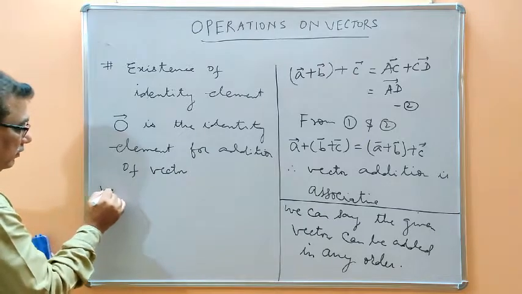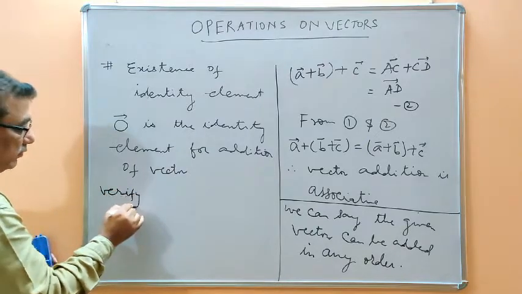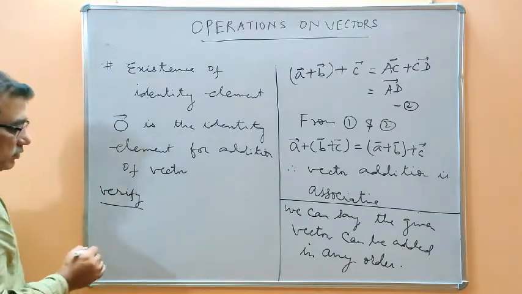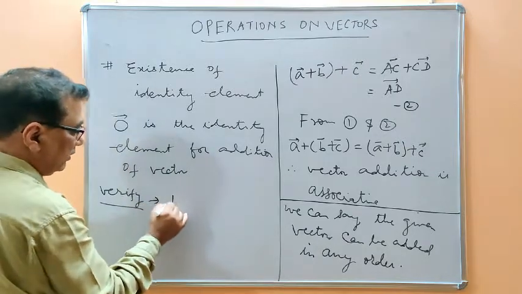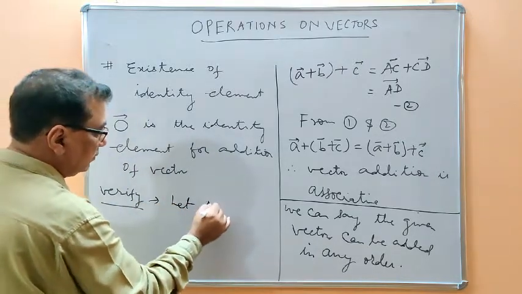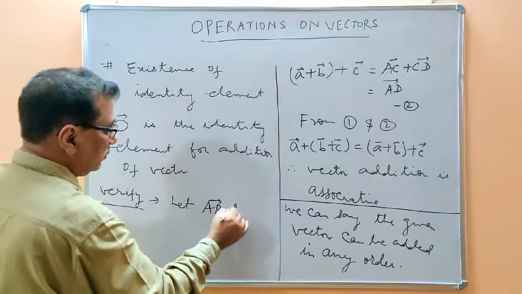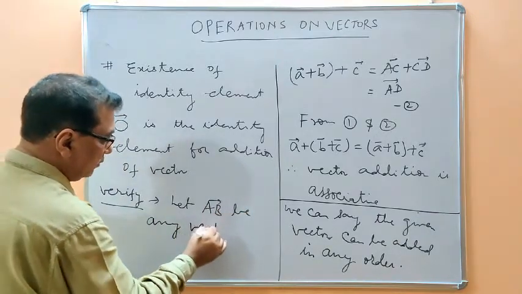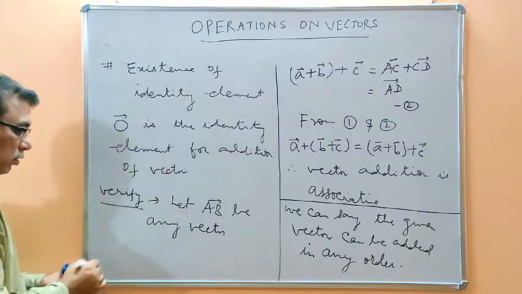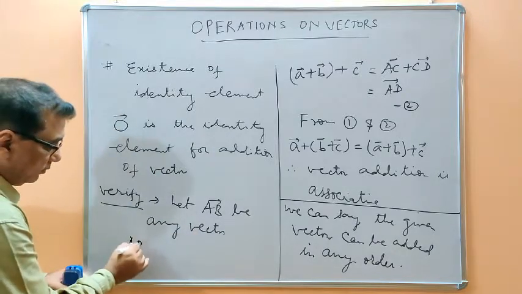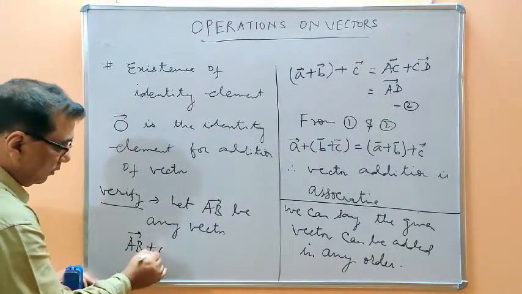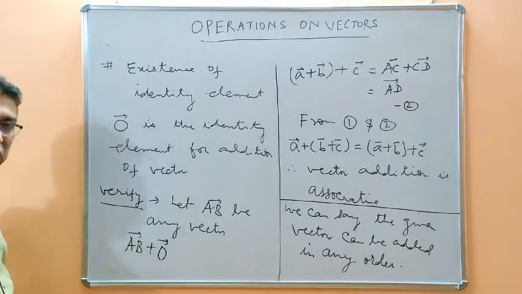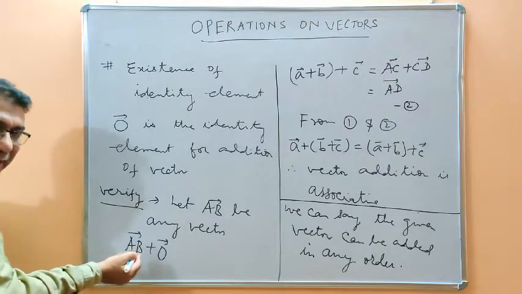Let me verify what is the meaning of this statement. Suppose AB is any vector. If I operate AB plus the 0 vector, the answer should be AB.